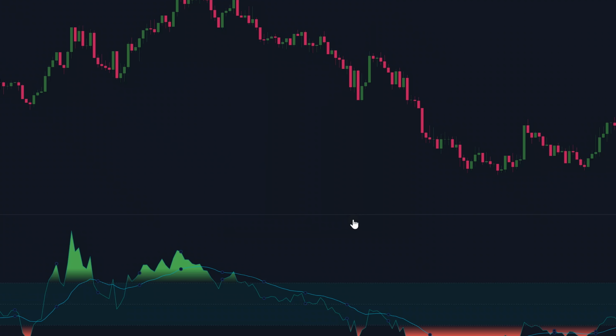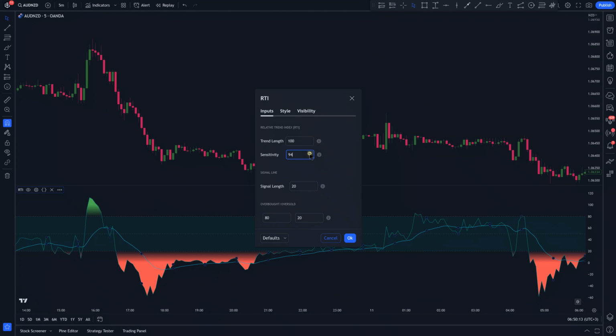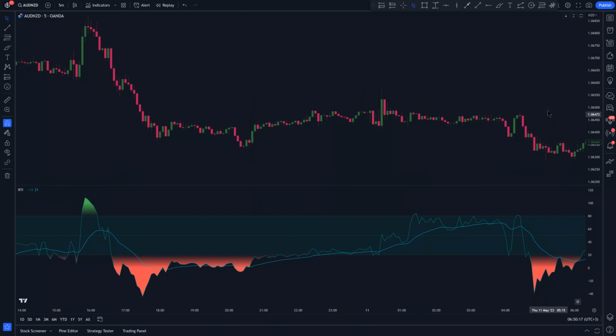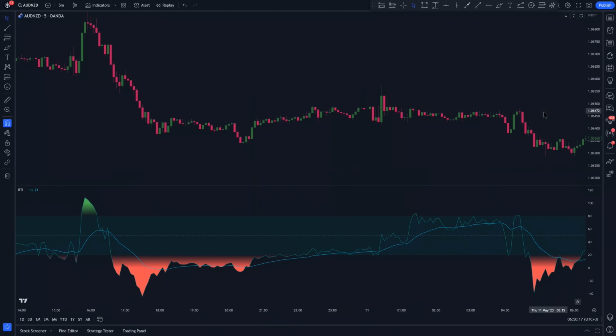It's also more adaptable with user-adjustable sensitivity to fine-tune its responsiveness to market fluctuations. The RTI indicator's method of defining overbought and oversold zones is more nuanced, factoring in the prevailing trend, leading to more precise market condition assessments and potential trading opportunities.